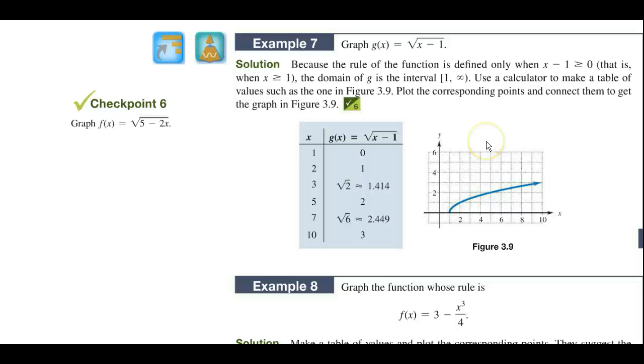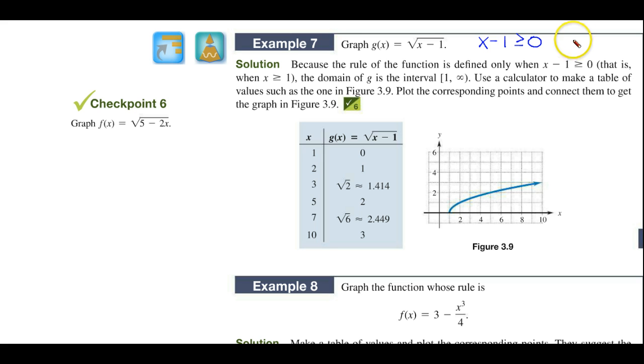Remember, under the radical sign you can't have anything that makes this less than 0. So we had discussed this earlier. We're going to say x minus 1 is greater or equal to 0.